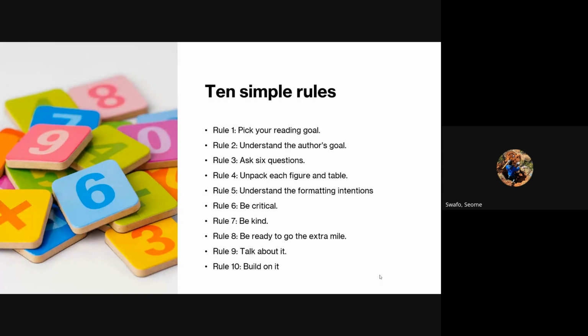The sixth one is where you have to be critical. Seventh, be kind. The eighth rule is where you have to be ready to go the extra mile. The ninth rule, you have to talk about the article that you read. And the tenth rule is where you have to build on the article.